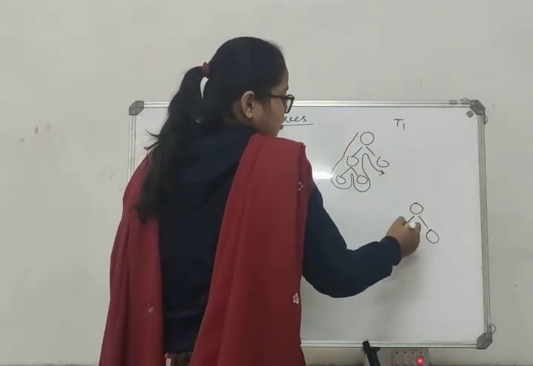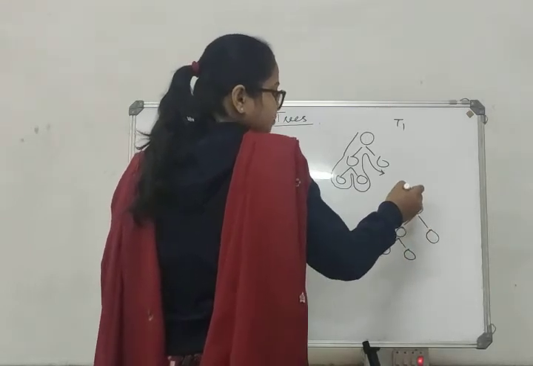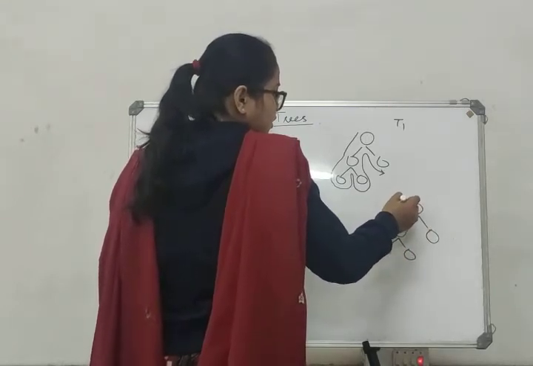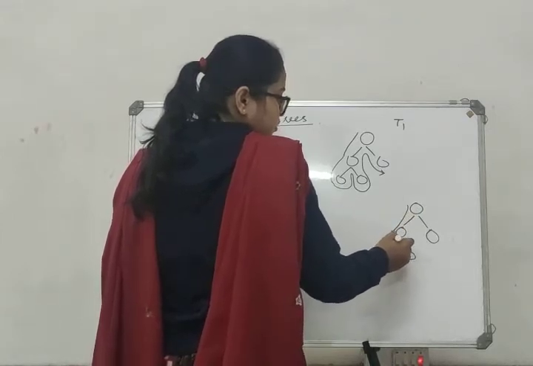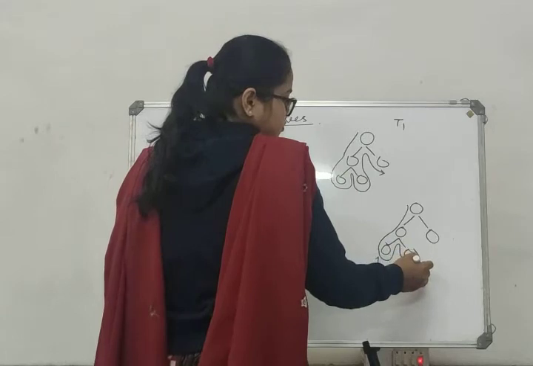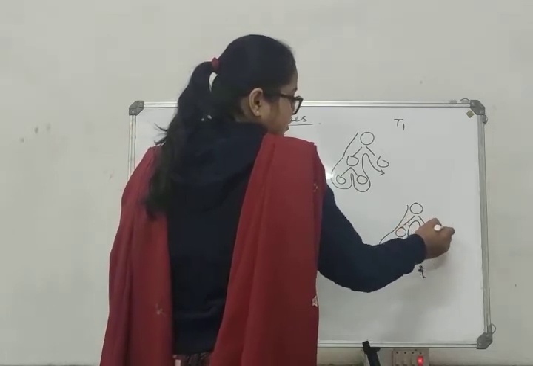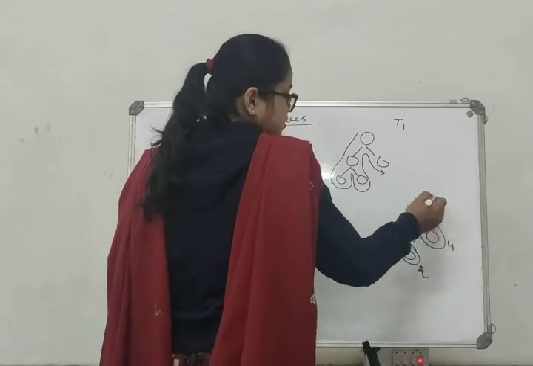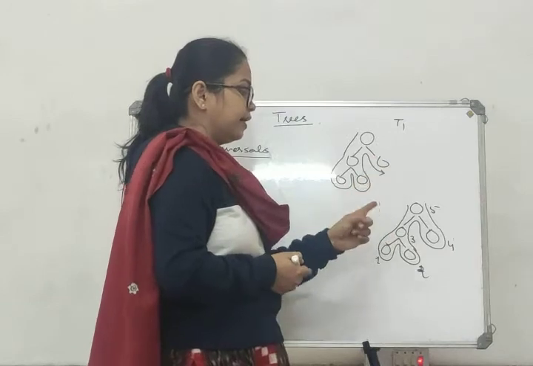Otherwise, there is one more way. Like you can visit the last node first, then this is second, then this is third, this is fourth, and this is fifth, isn't it? We are always visiting the parent in the end.